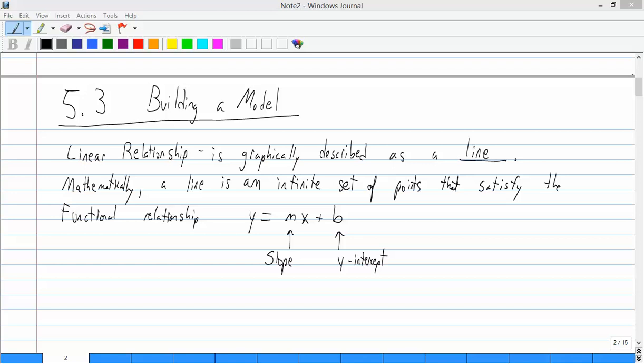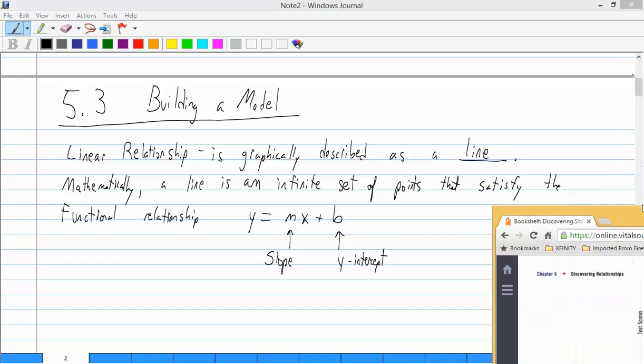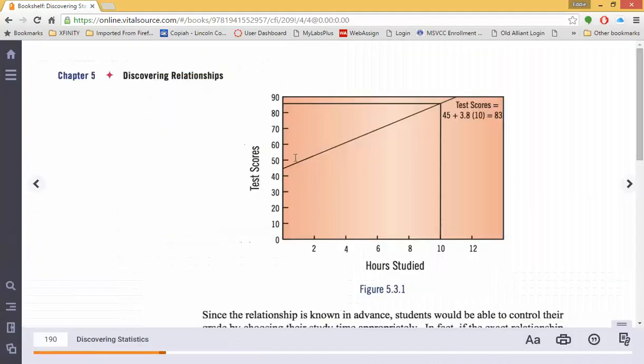So here is an example of a graph that has a linear relationship. Hours studied and test scores. It shows how many hours the students studied and the test scores.